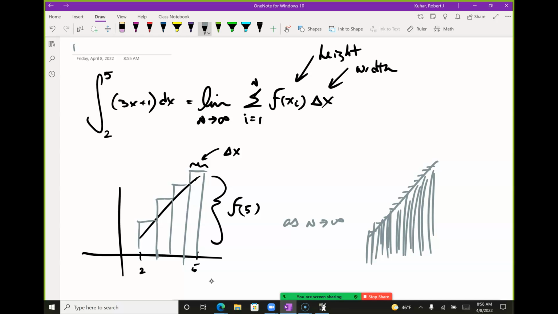So I'm calling this right side rectangle Riemann sums.